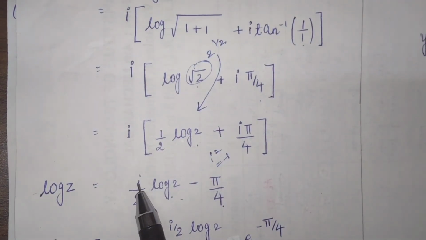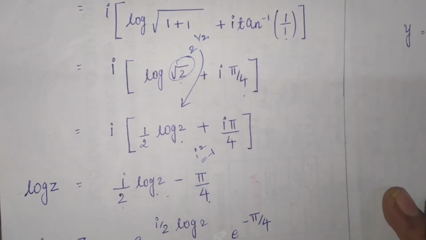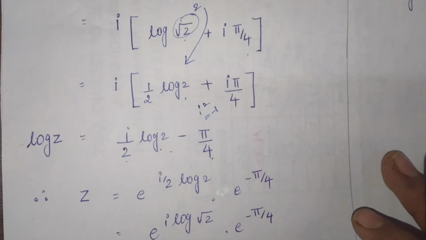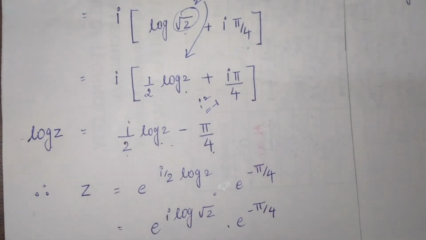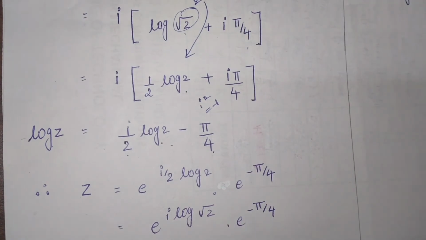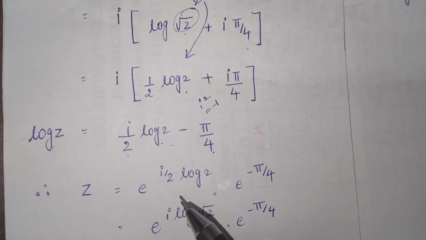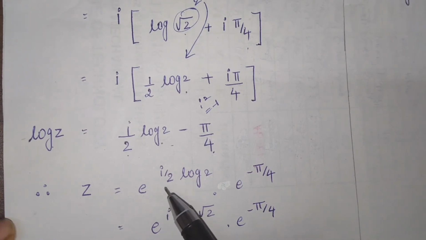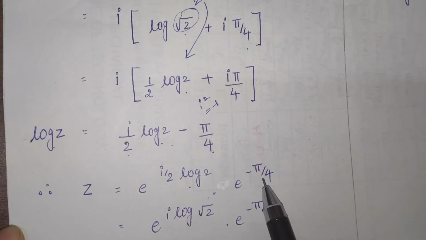So we will get i by 2 log 2 minus pi by 4. And again here a log term is there. So in order to remove that log term, we will write it in the form of an exponential term, that is e raised to i by 2 log 2 into e raised to minus pi by 4.